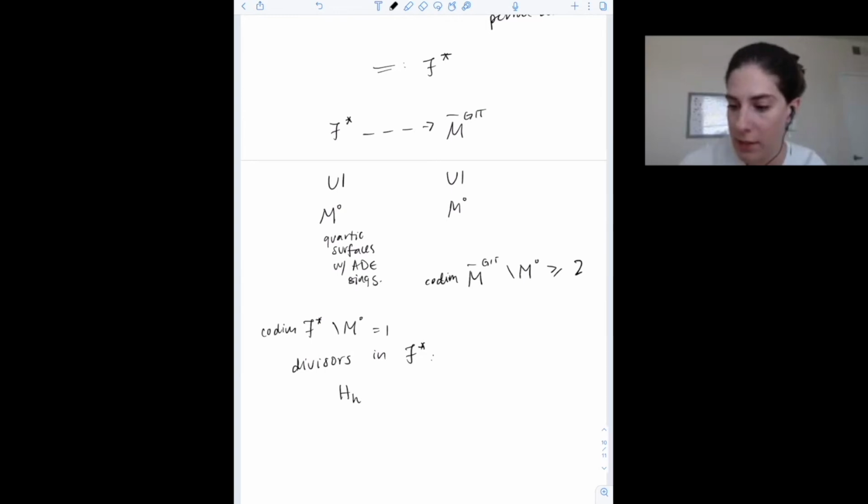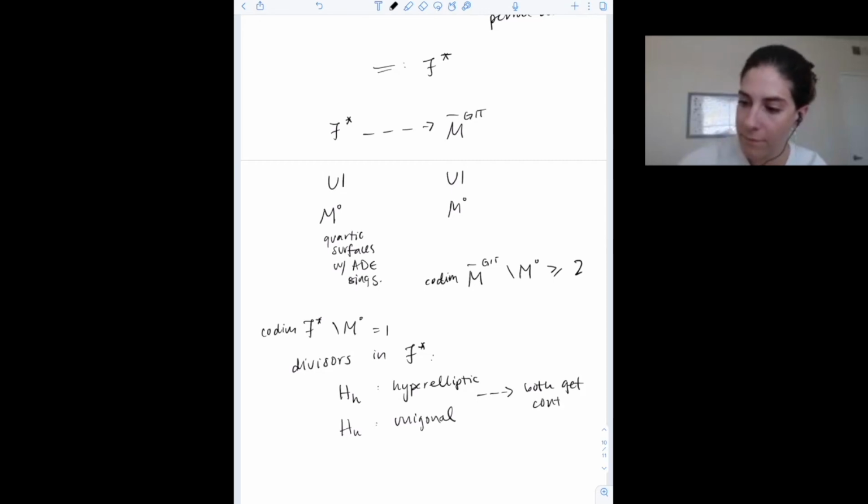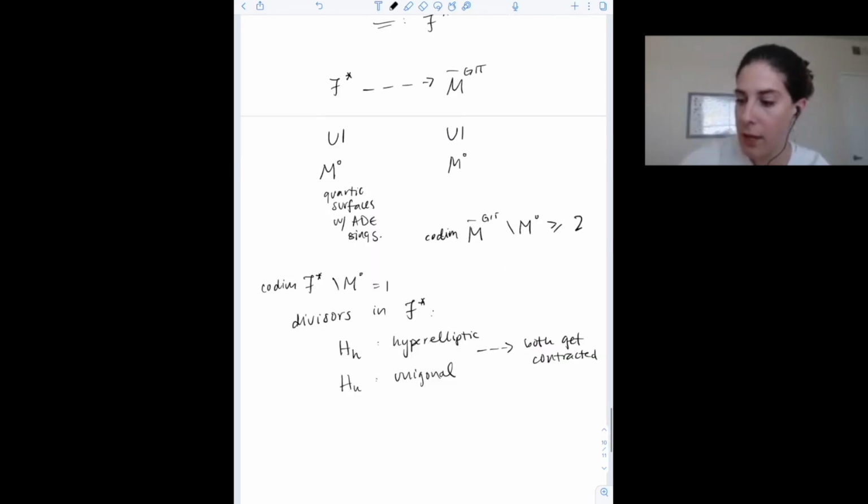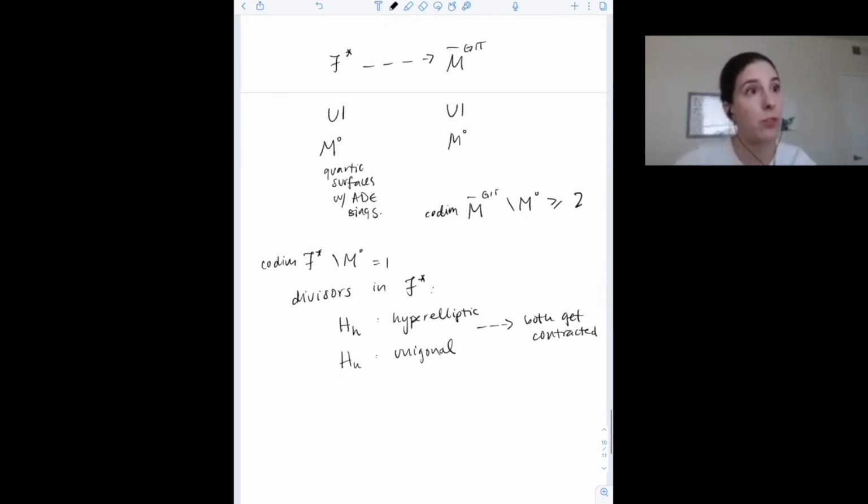So in fact, the hyperelliptic K3s and the unigonal K3s each form a divisor inside the moduli space, and these both get contracted in this rational map to the GIT moduli space.